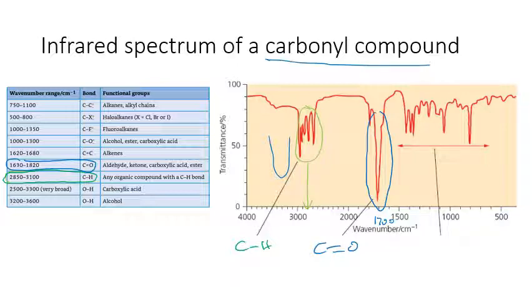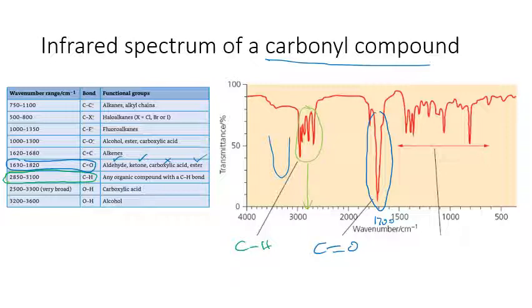Looking back at the data table, it's an aldehyde or ketone. It can't be a carboxylic acid because we don't have that peak, and we can't really say anything about the ester, so theoretically it could be an ester.